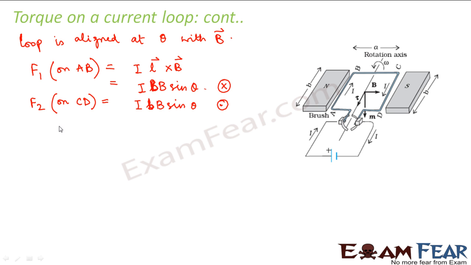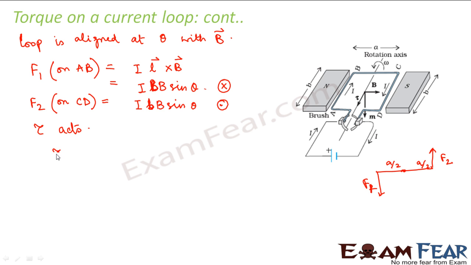Now this force F1 tries to take AB down. Similarly, F2 tries to take DC up. This is A by 2, and this is A by 2. This is F1. From here again you can see that a torque comes into the picture.